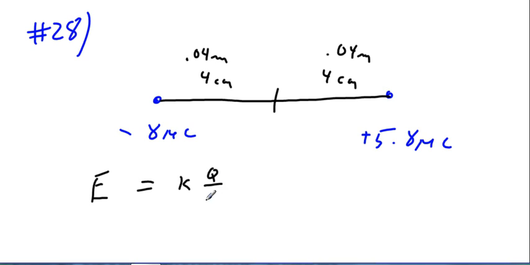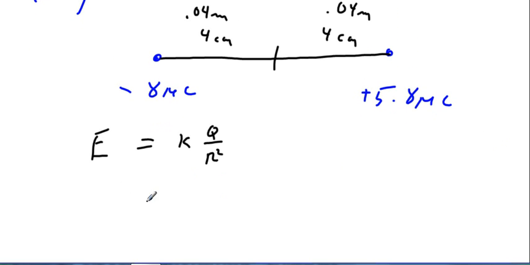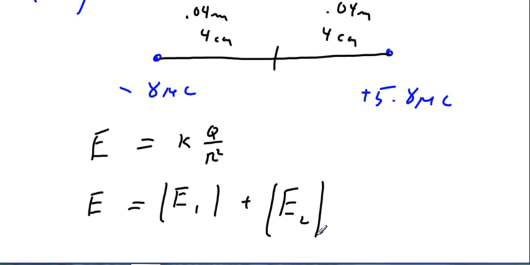KQ over R squared. Right. And the magnitude is going to be the guy from the first guy plus the guy from the second guy. And so that's what we're looking at.